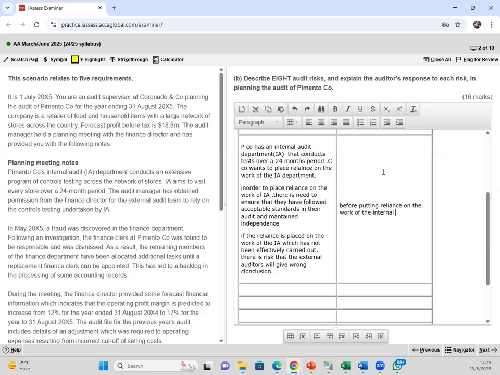So I'm thinking, before we put reliance on the work of the internal auditors, we can discuss, can meet with the internal audit team or the head of the internal audit team, or we can go to their department and read their reports and go through their instructions of how they conducted the audit and verify if they are in line with the requirements of ESAs.